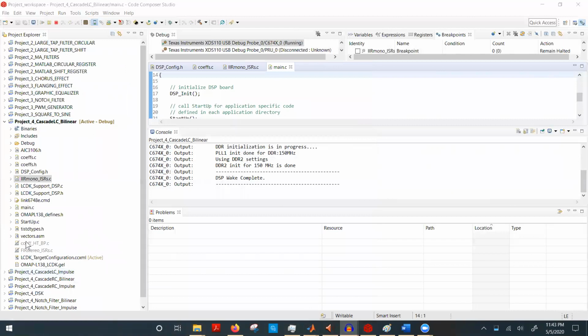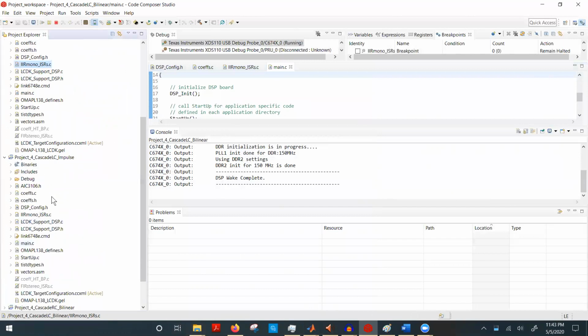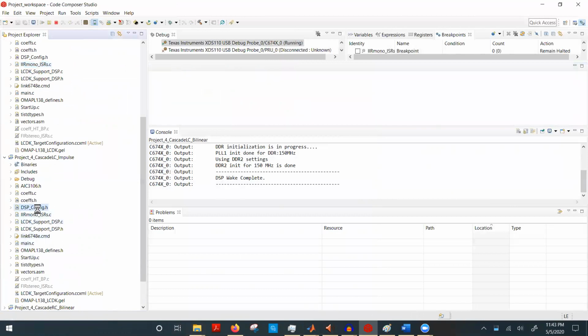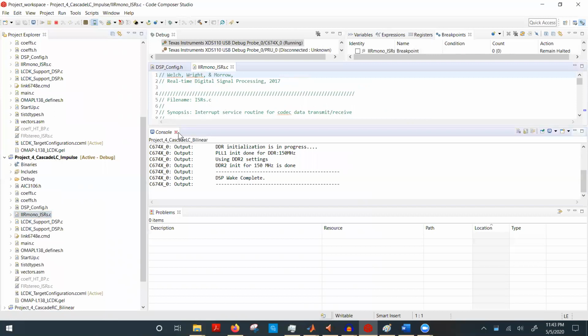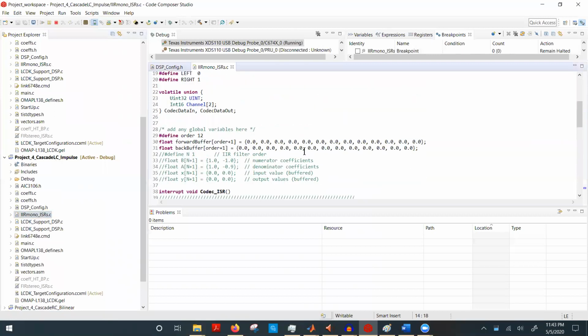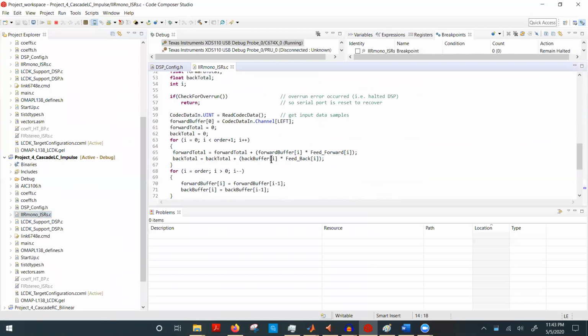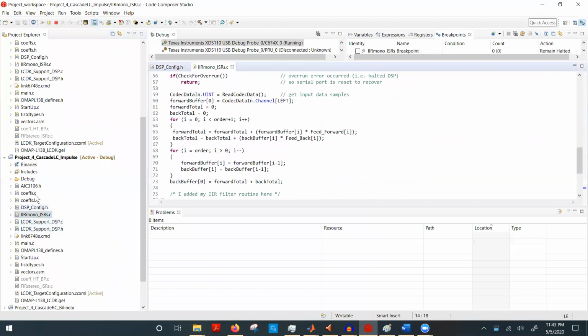Now we can also go to our LC cascade impulse invariance. If we go to impulse invariance over here, I configure the DSP processor with 8 kilohertz. The code here in the ISR is the same, 12th order, same dot product, same shift register.